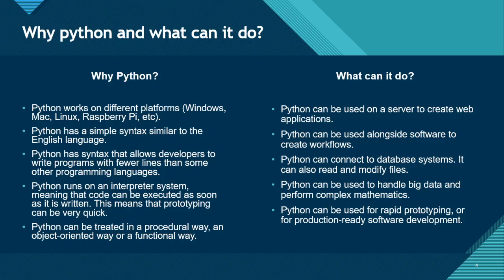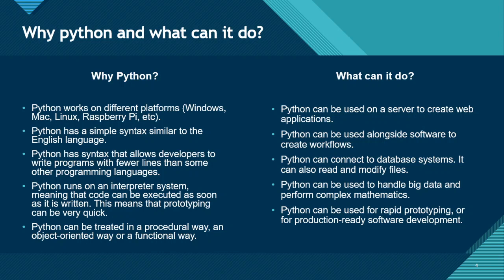And why should we use Python? Well, there are many more things written over here. Python works on different platforms like Windows, Mac, Linux, Raspberry Pi, and many more operating systems. Python has a simple syntax similar to the English language, so you will not have a very hard time learning this whole thing.